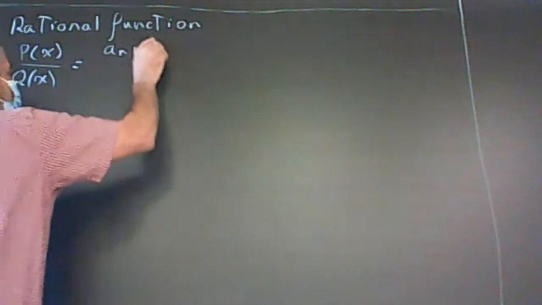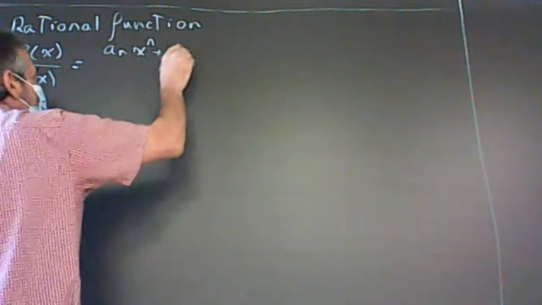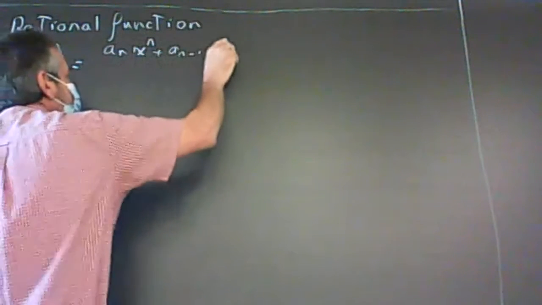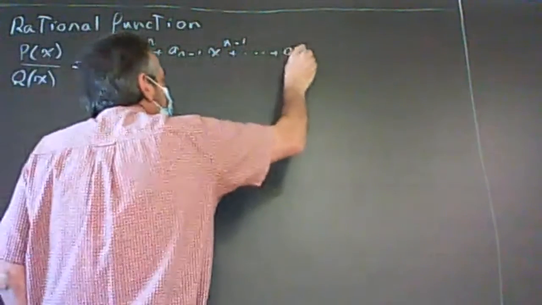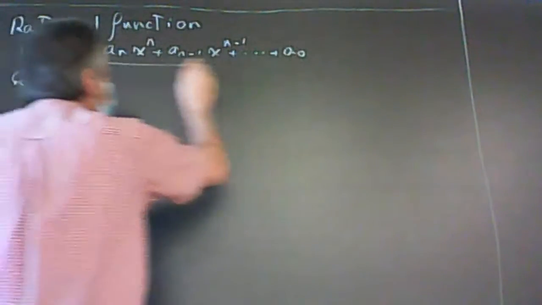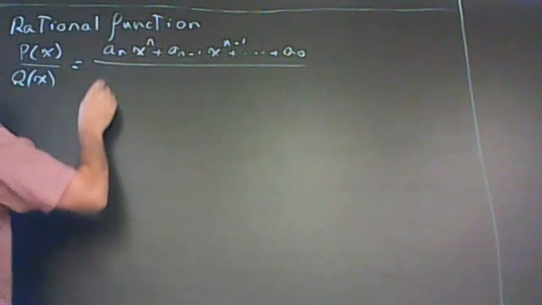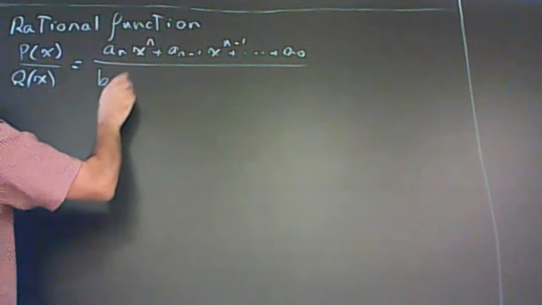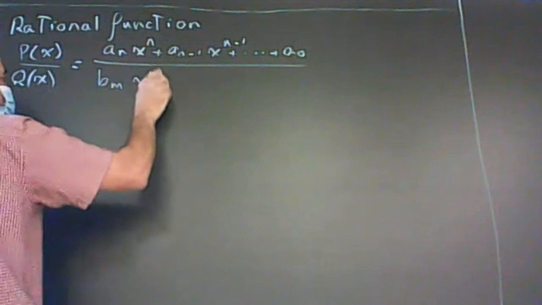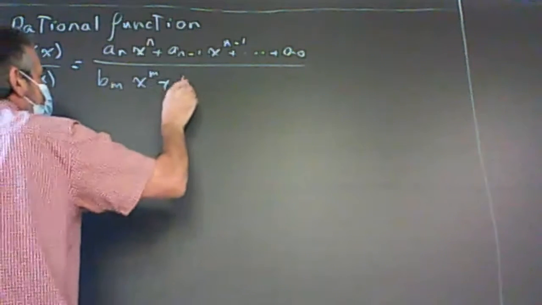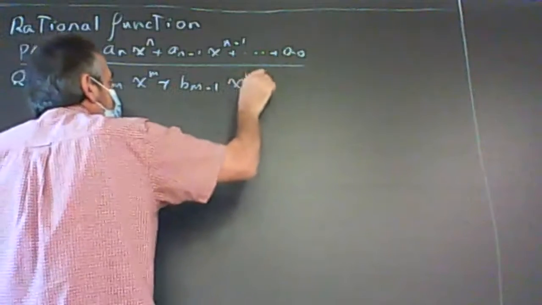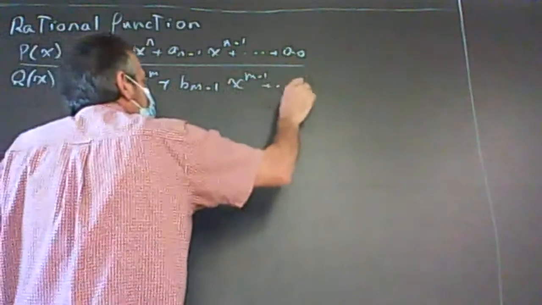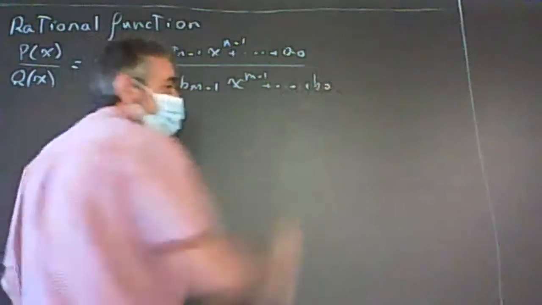These come in the form of an x to the power n plus an minus 1 x to the n minus 1 plus whatever, down to a0, over bm x to the power m plus bm minus 1 x to the power m minus 1 all the way to b0.